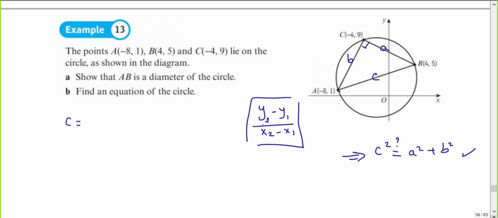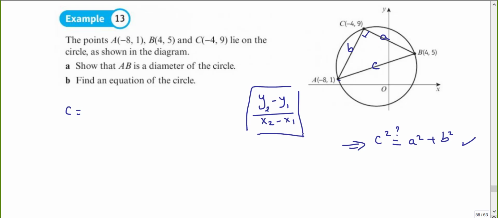We used this a lot in paper 1 and paper 2, like hundreds of times. You wrote this rule hundreds of times in so many questions. What is the name of this rule and when should you use it? Find the gradient. Not whenever I ask you a question you say y2 minus y1 over x2 minus x1. No, this is wrong. This means you don't understand.